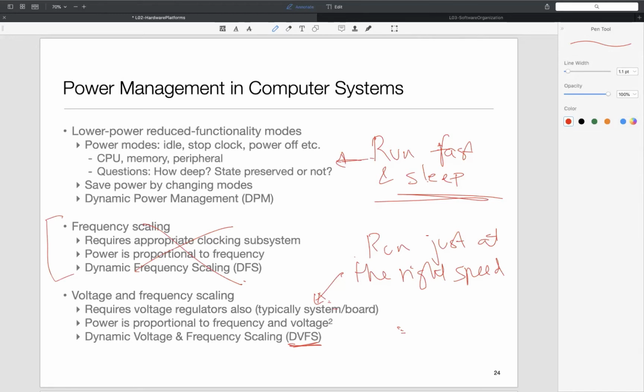As technology has changed, it used to be that DVFS is the place to be, but oftentimes you find that running as fast as possible, finishing the task as soon as possible and going to sleep, matters. And in fact, you want to maximize the sleep time, because it takes some time to go to sleep and wake up from sleep. So operating systems do a lot of effort towards clustering activity so that they are not waking up needlessly.